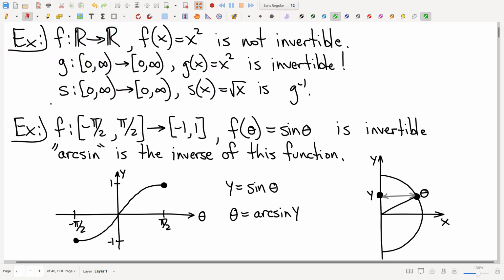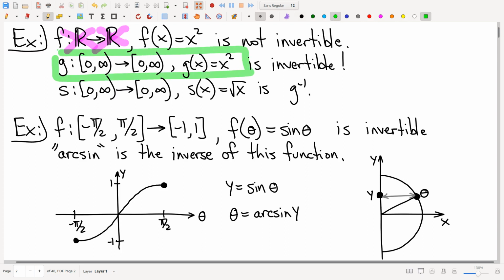So if you want to talk about the square root as being the inverse of a function, you've got to fix the problem. The problem is that this was a bad choice of domain. This was a bad choice of target. And I can fix it very easily by writing this down.